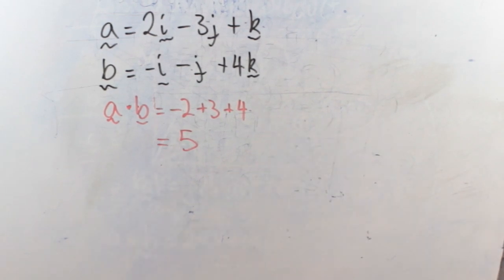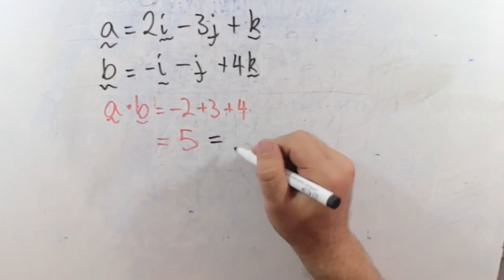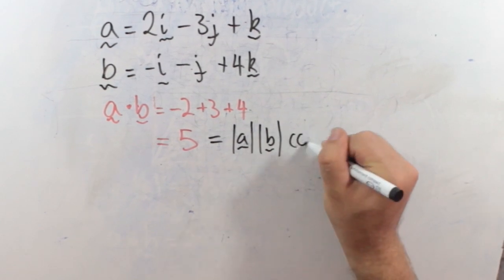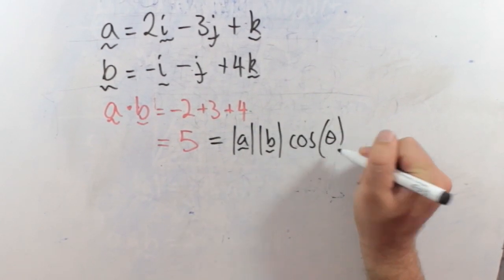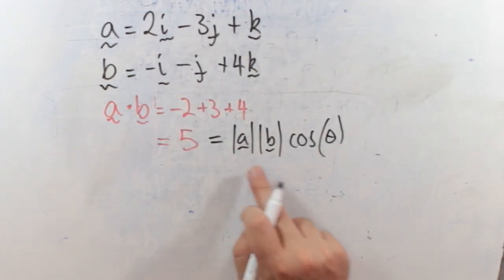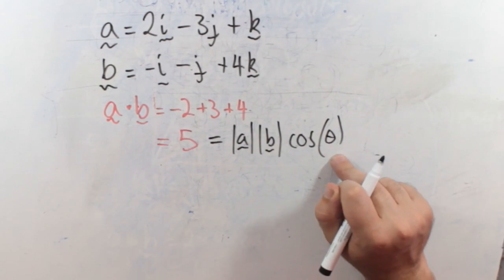Yep, cool. So now I know that the dot product also equals the magnitude of A times the magnitude of B times cos of the angle between. And I can use this ijk notation to work out the magnitudes easy enough. So it's easy enough to find the angle between those two vectors.